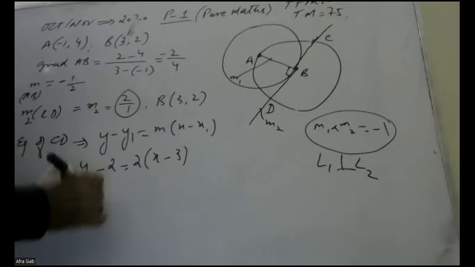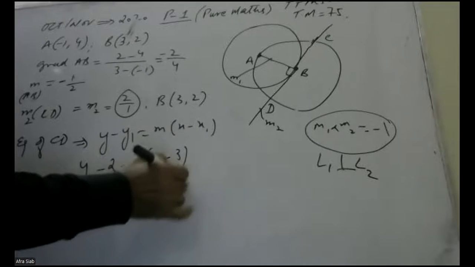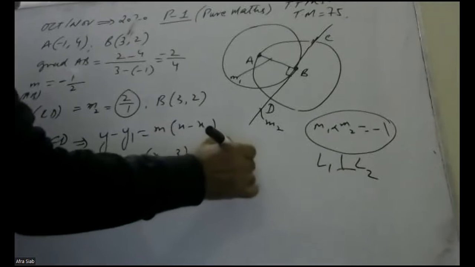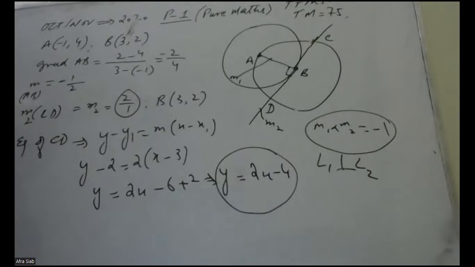So y minus 2 is equal to 2 times (x minus 3), or y is equal to 2x minus 6 plus 2, which implies y is equal to 2x minus 4. This is the equation of the line CD for part A.